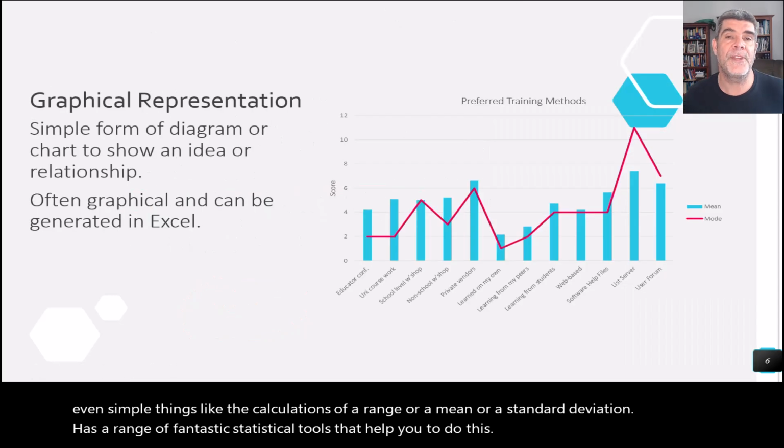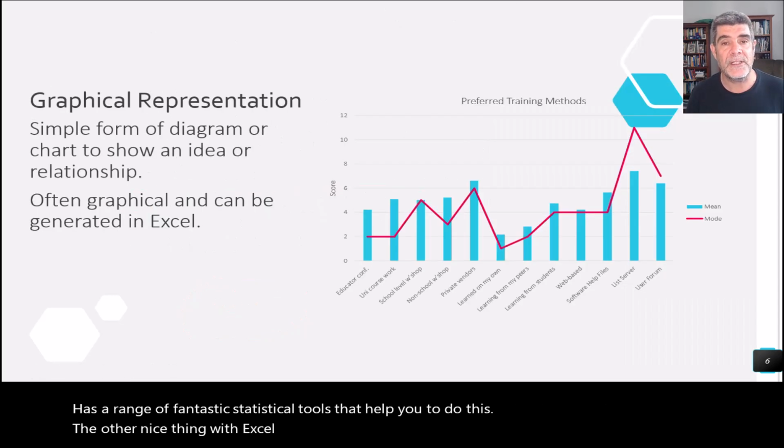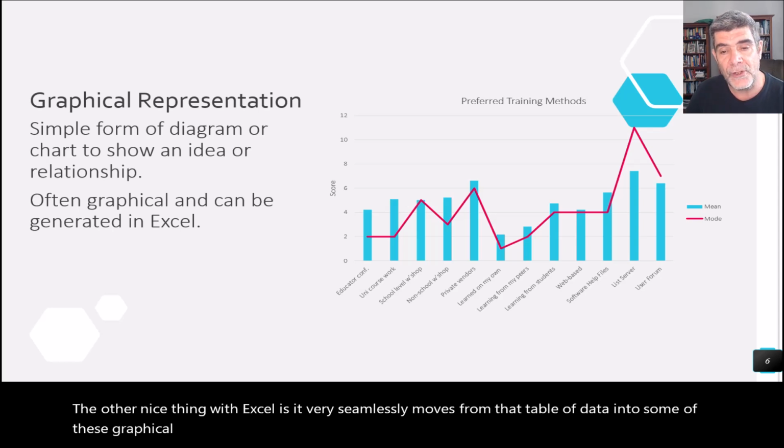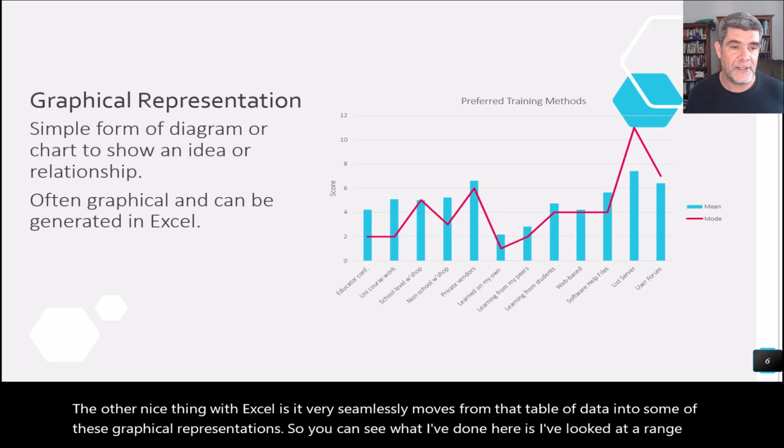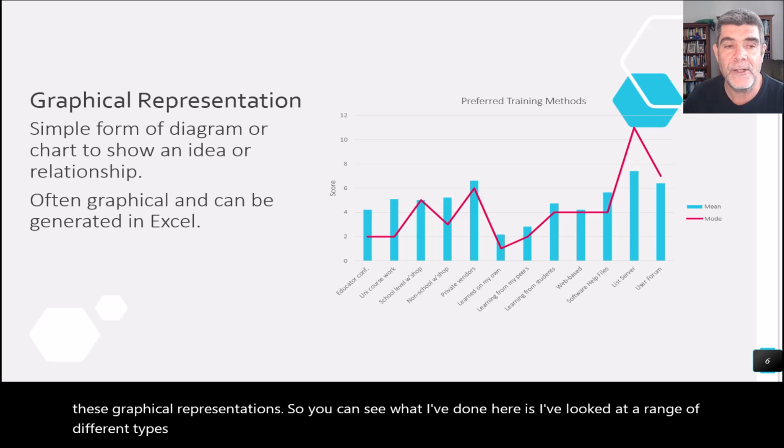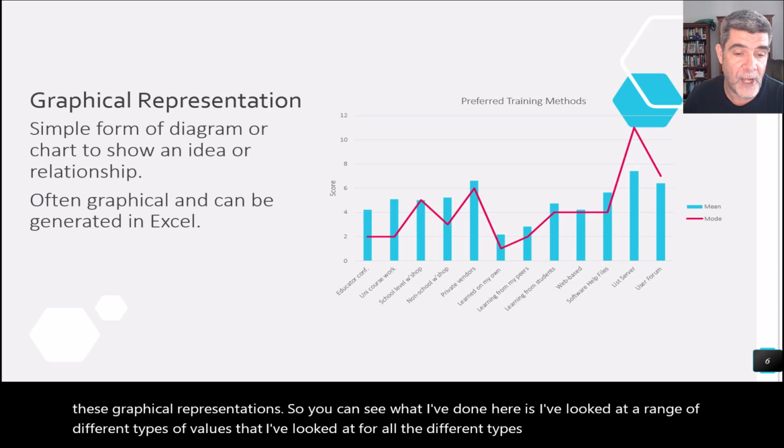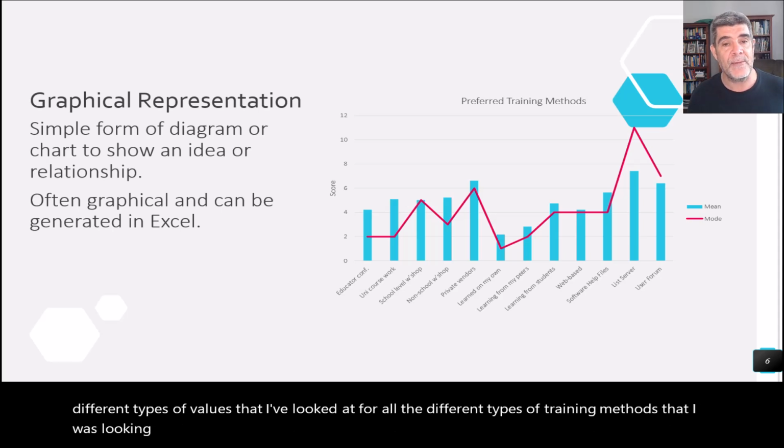The other nice thing with Excel is it very seamlessly moves from that table of data into some of these graphical representations. So you can see what I've done here is I've looked at a range of different types of values that I've looked at for all the different types of training methods that I was looking at. And you can see on the same graph, I've been able to put a mode and a mean.